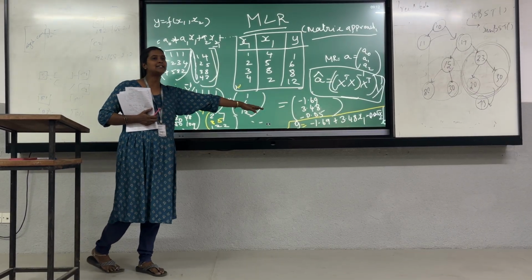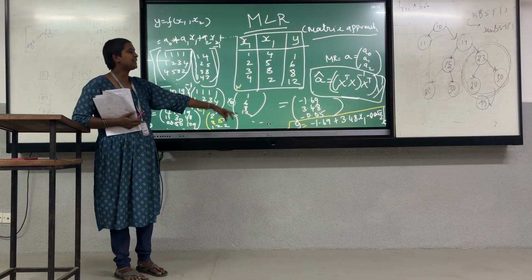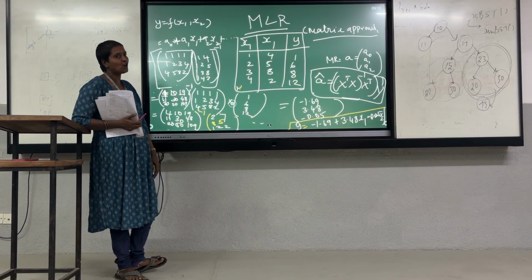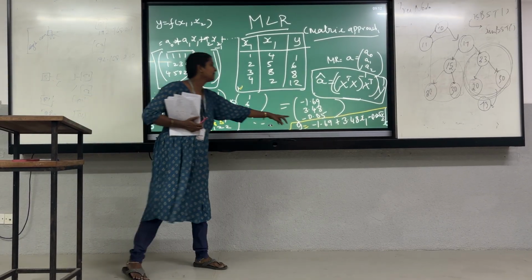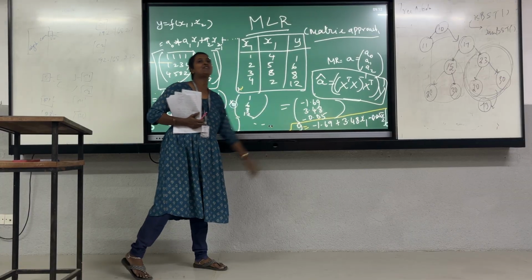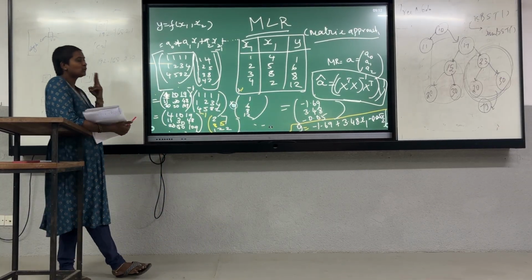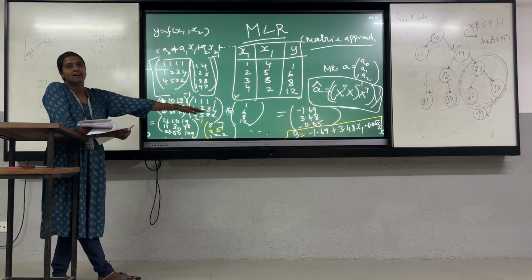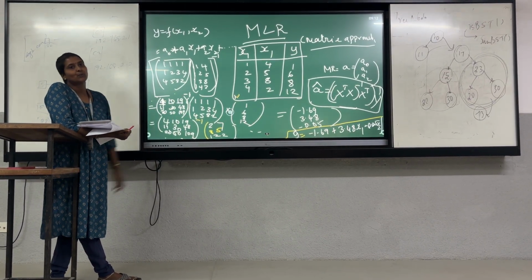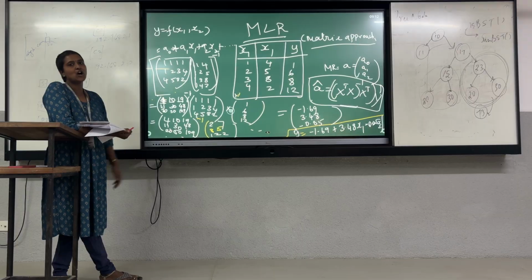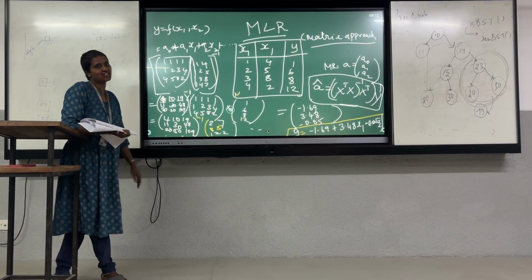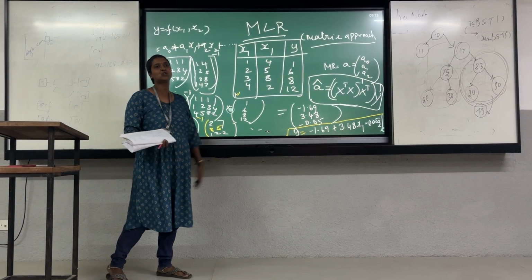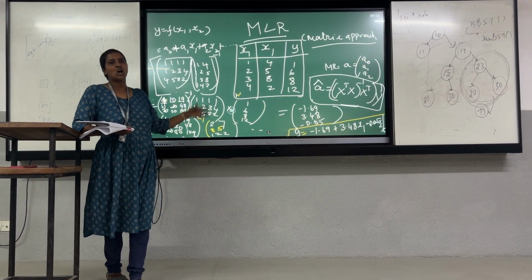Finally we get the slope minus 1.69 plus 3.48 x1 minus 0.05 x2. There are two variables, x1 and x2, that's why the slope has x1 and x2. This is the answer for multiple linear regression. This is available in your textbook also. Please read it and solve this program.